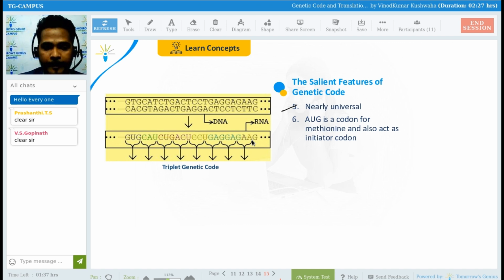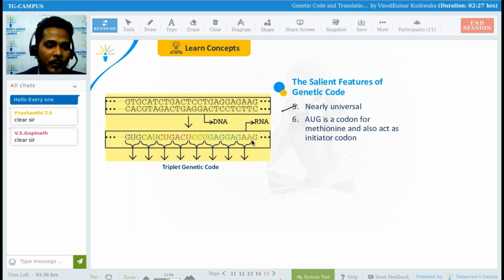Sir, it is the start codon and it codes for methionine, sir. Yes, absolutely right. It's a start codon and it codes for methionine, right? AUG codes for methionine and also acts as a start codon.